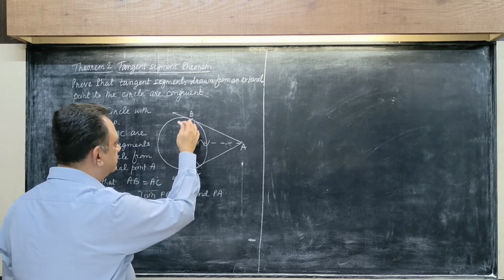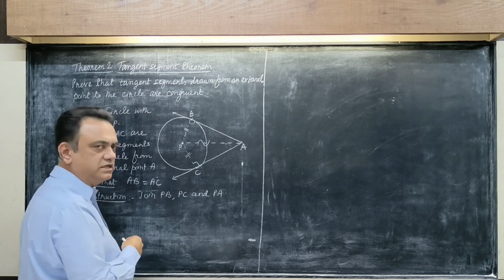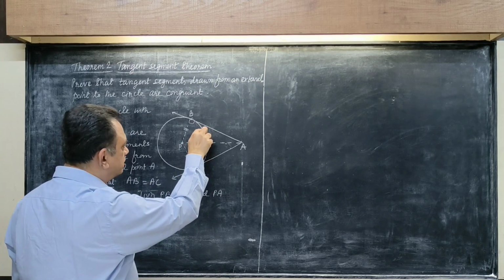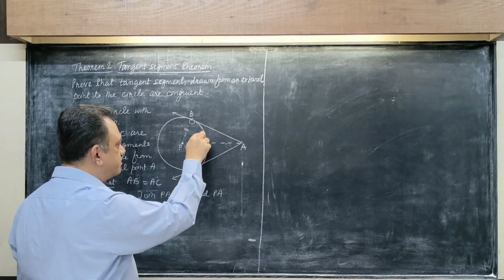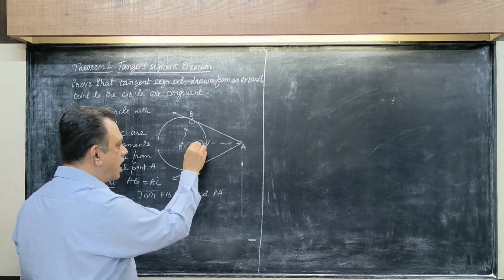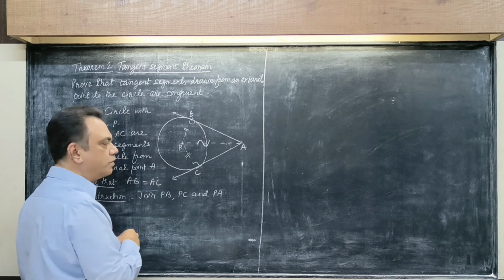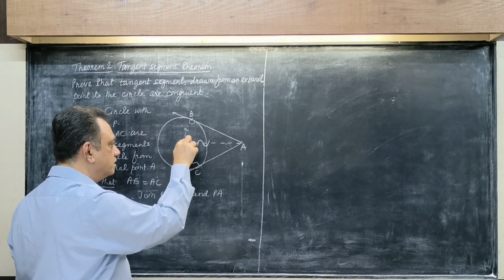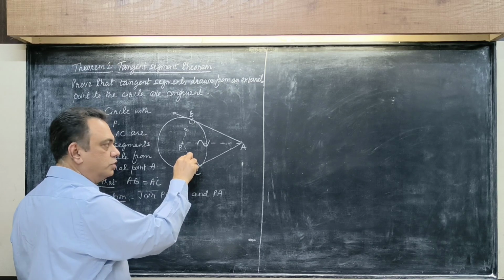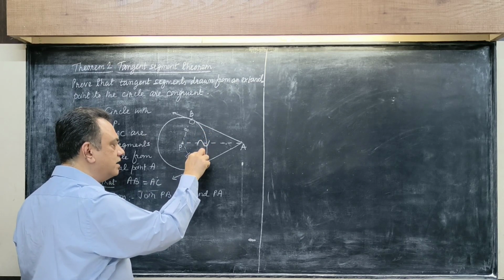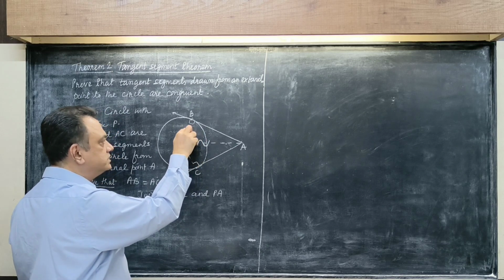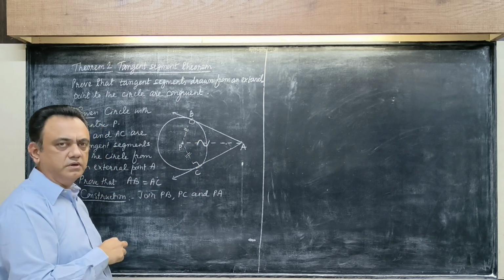So I've got three things now to say the two triangles are congruent. If you can see, both the triangles are right angled triangles. Hypotenuse is congruent and the side is congruent, PB and PC. So the two triangles can be said congruent by hypotenuse side test.